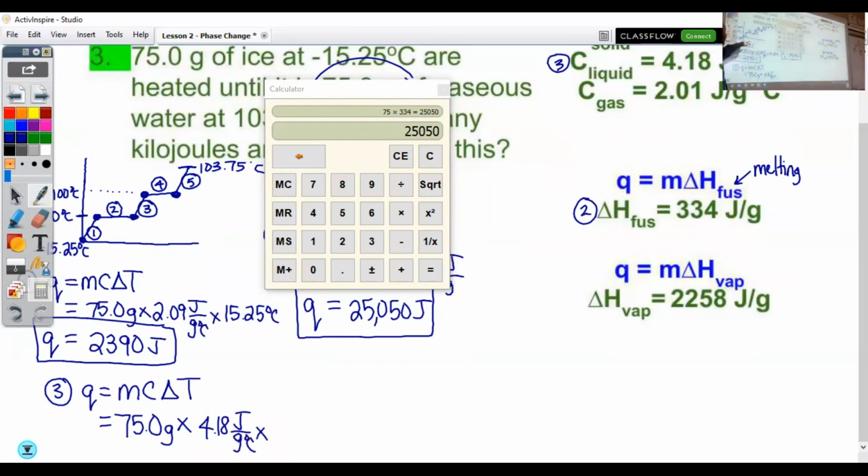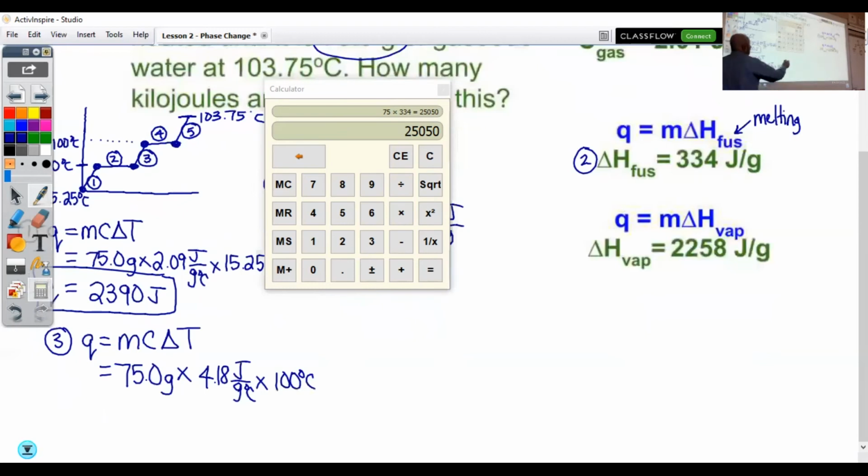And our temperature change, because we're going from 0, where we melted all of our ice into liquid water, up to 100, that's a difference of 100 degrees Celsius. Typing this into our calculator, 75 times 4.18 times 100, we get 31,350 joules. Again, Q is positive because we're adding in energy.